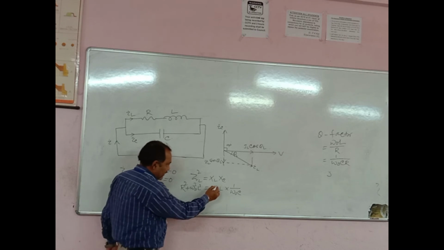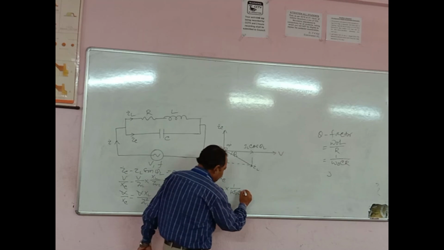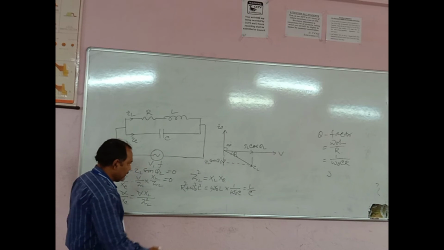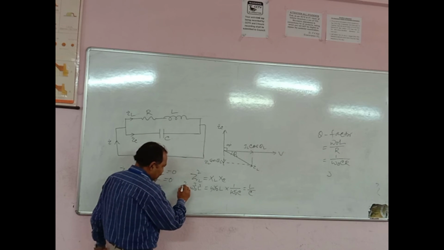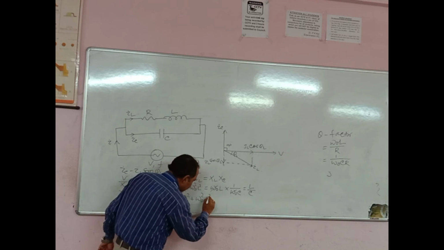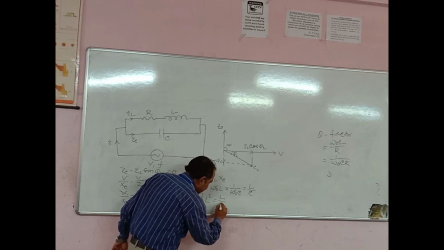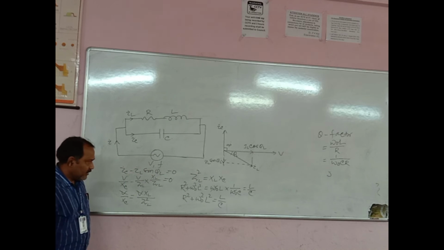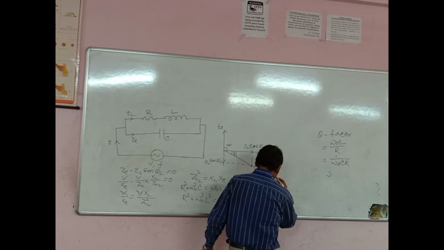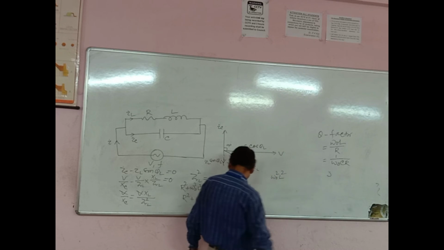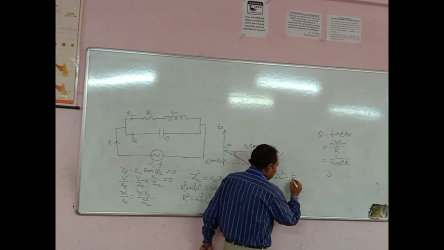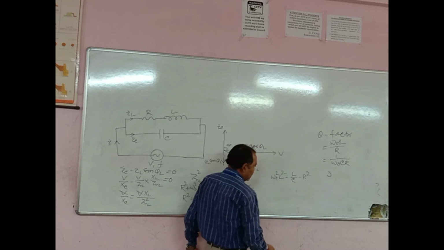The omega 0 will get cancelled, so that becomes L by C. So R square plus omega 0 square L square is equal to L by C. From this, omega 0 square L square is equal to L by C minus R square.